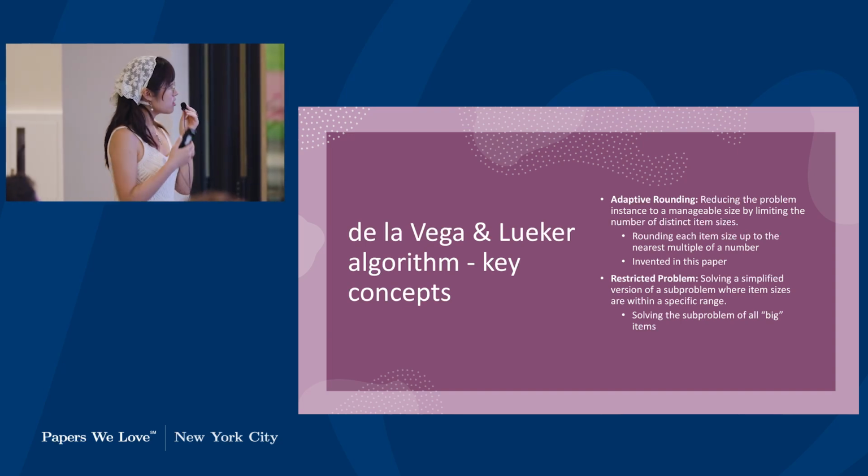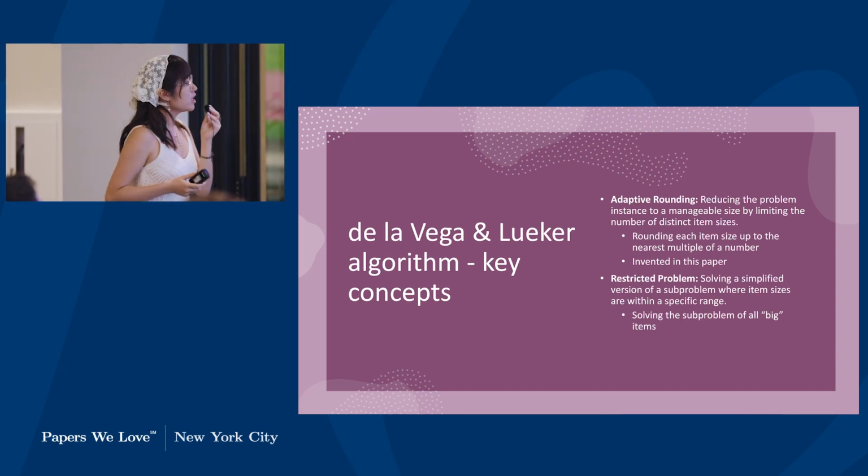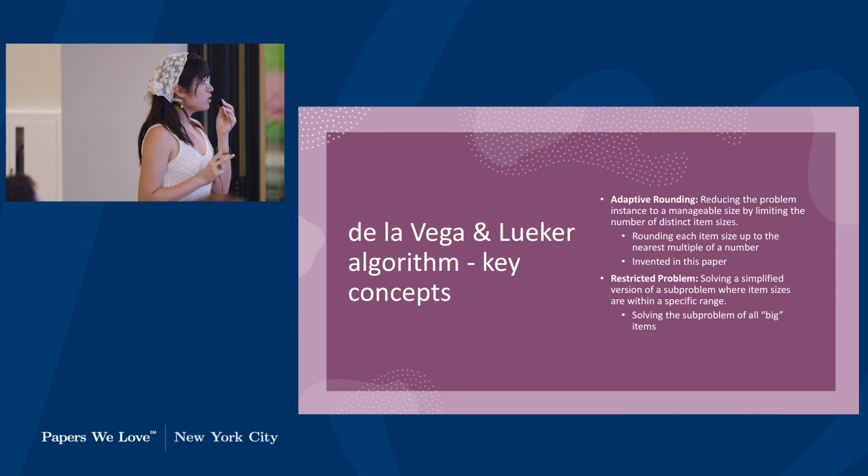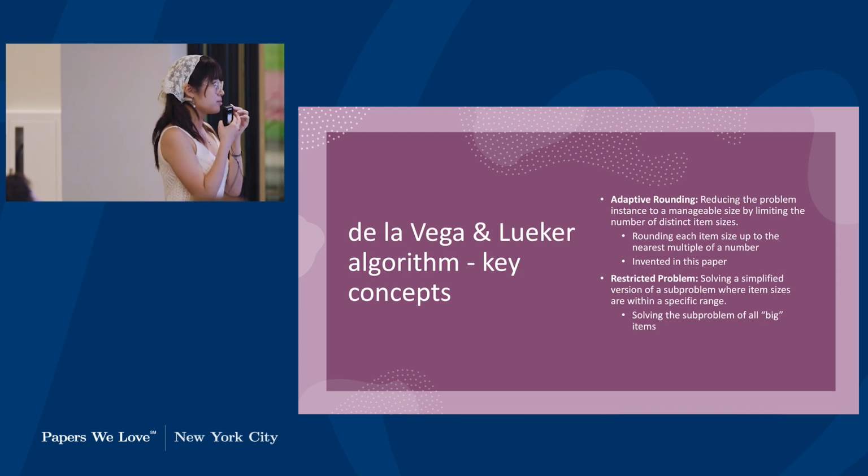So what are some key concepts of this paper's algorithm? There are two key concepts. One is adaptive rounding, which was introduced in this paper. This paper invented adaptive rounding, which involves reducing a problem instance to a manageable size by limiting the number of distinct item sizes.